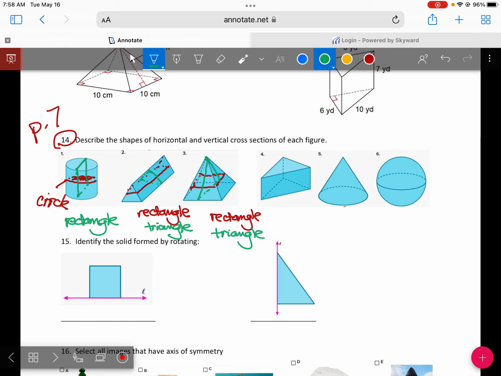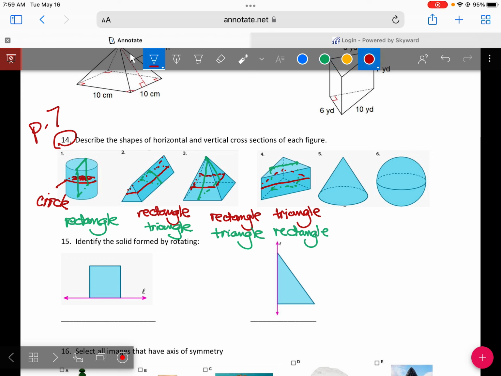Here I have a triangular prism. So if I cut it here, that is going to be a triangle. If I cut it back here, that should be a rectangle.